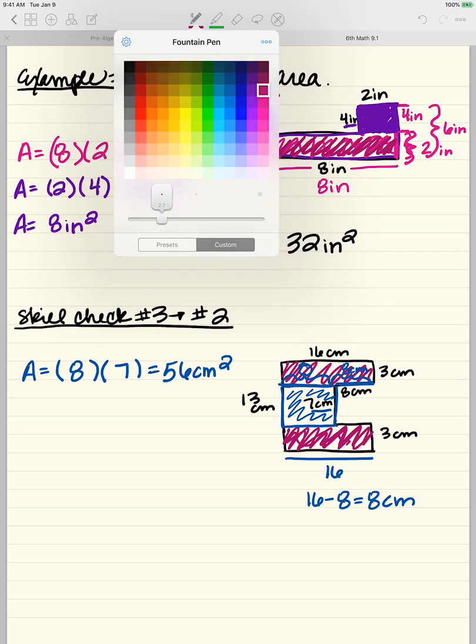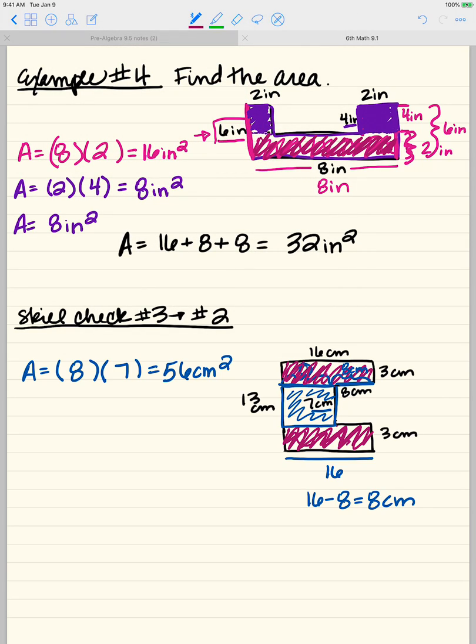Now, let's figure out the area of our pink rectangles, okay? Those ones are easy. We have the base and the height of both of those. The area of each of those is 16 times 3, okay? 16 times 3 is 48 centimeters squared. We have 2 of those, okay?